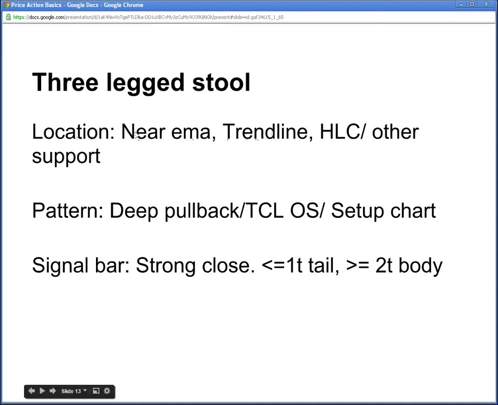So why do we need location? We need location because we are always trying to buy near support or sell near resistance, and we believe those are very good entry and exit points. Just like in the 2-tick bar we saw earlier, you really want to buy at the bottom of the bar and sell at the top of the bar. Similarly, in a trading range, you want to buy near the bottom of the range and sell near the high of the range.